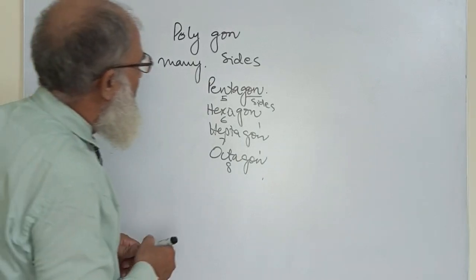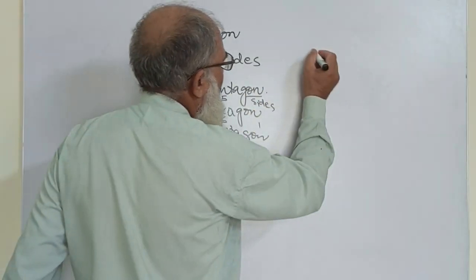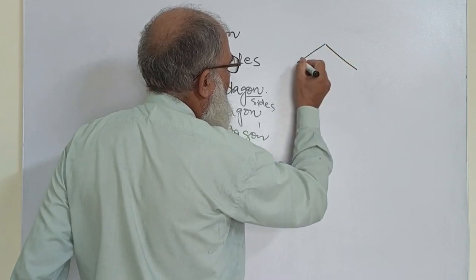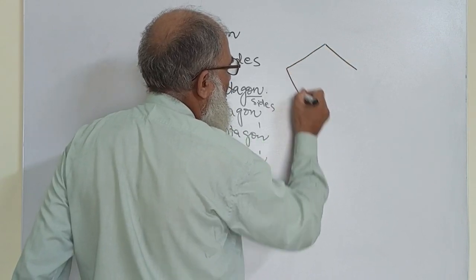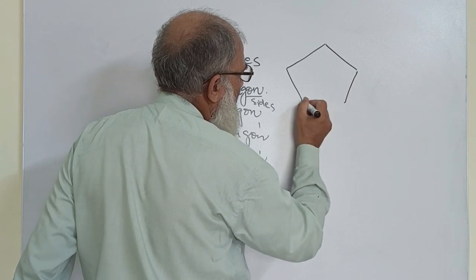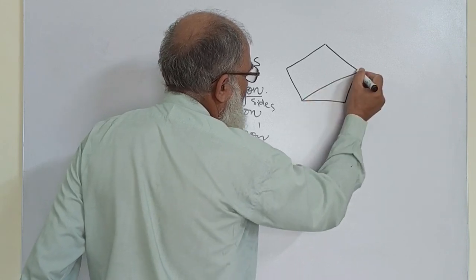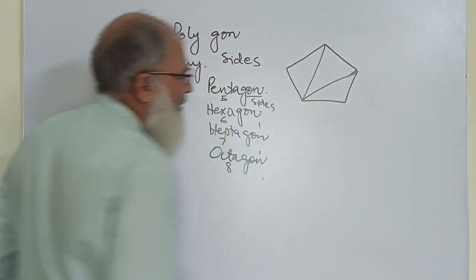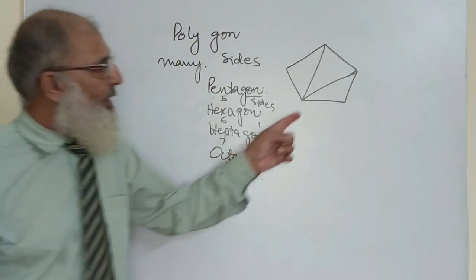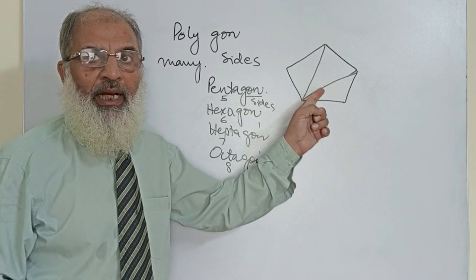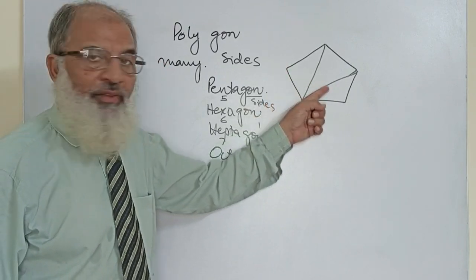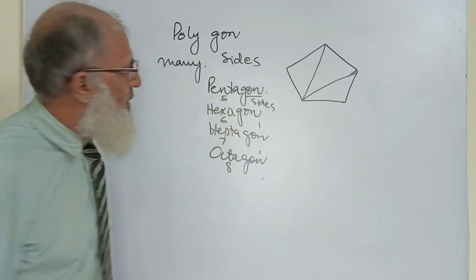It is very easy that if I draw this shape like this, now we can divide this thing into triangles. Now you see that in the pentagon I have drawn two lines which have divided this figure into three triangles.